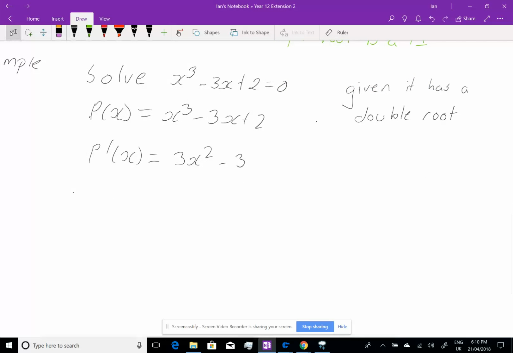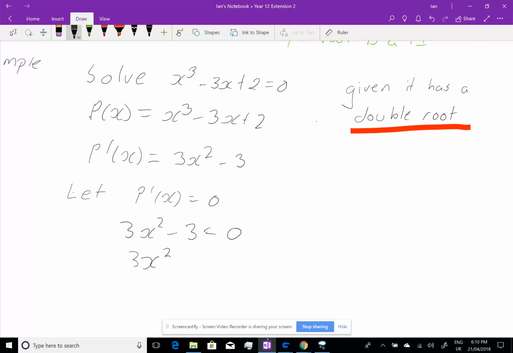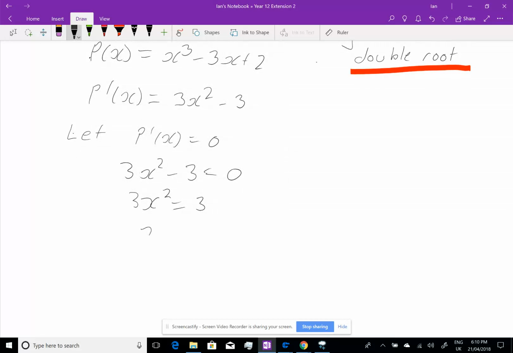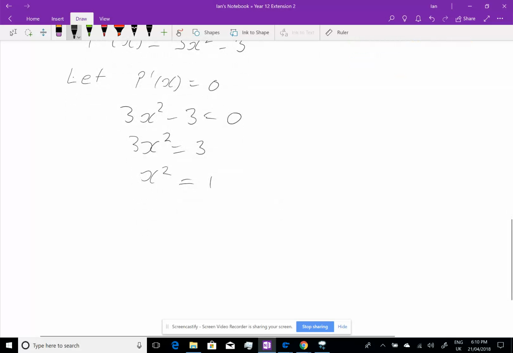Now, because I know there's a double root in that first P(x), I'm going to put this equal to 0 and find the solutions. So I'm going to let P'(x) equal 0. So I get 3x squared minus 3 equals 0. 3x squared equals 3. x squared equals 1. So x equals plus or minus 1.